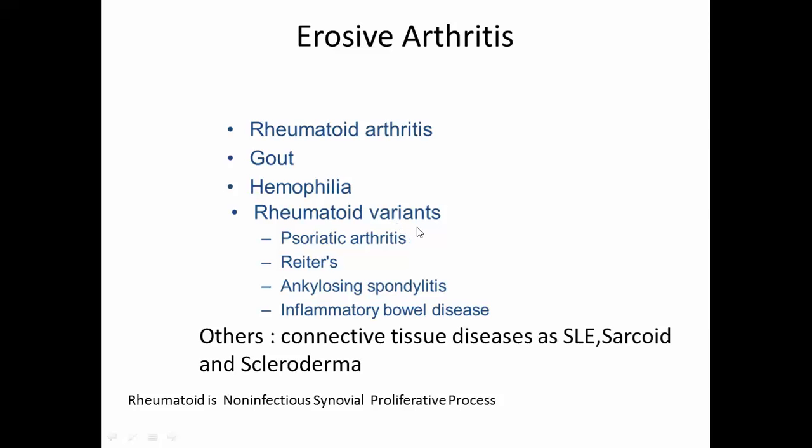In the rheumatoid variants, psoriatic or Reiter's or ankylosing spondylitis or inflammatory bowel disease, most of this can manifest in the sacroiliac joints. But we have other connective tissue diseases, systemic lupus erythematosus, sarcoid, and scleroderma. We will go through most of this.